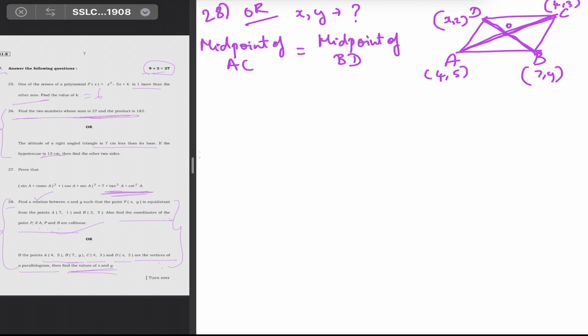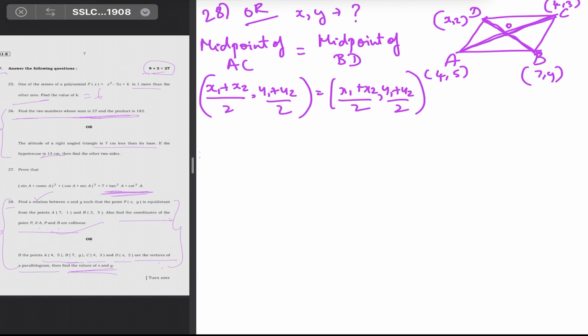So, what is the formula for midpoint? (x1 plus x2) by 2, comma (y1 plus y2) by 2. That is equal to (x1 plus x2) by 2, comma (y1 plus y2) by 2. Considering line AC, x1, y1, it is x2, y2. So, it is (4 plus 4) by 2, comma (5 plus 3) by 2.